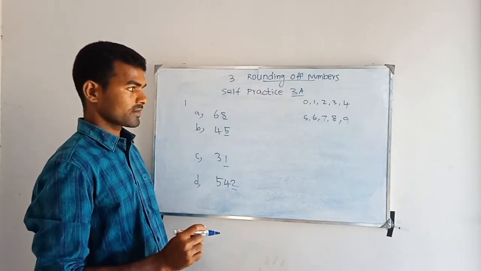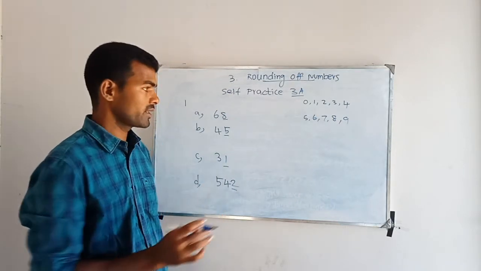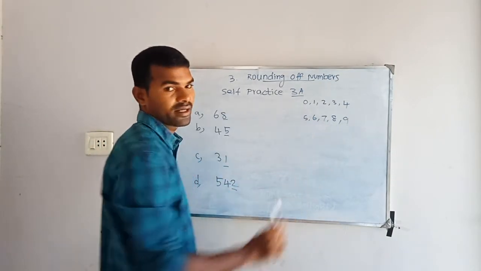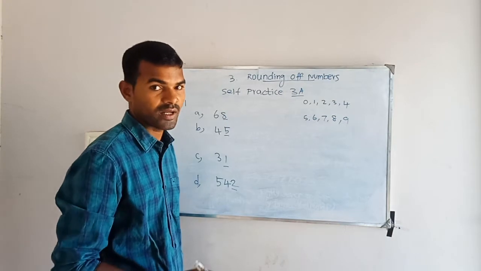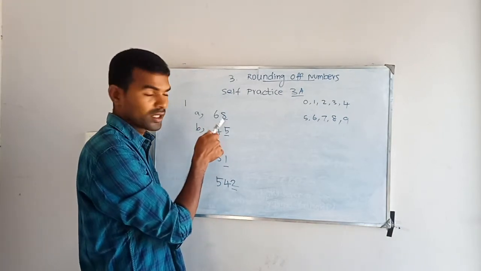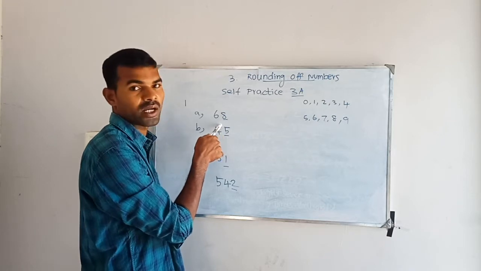See here, if the ones place is 5, 6, 7, 8, 9, any digit coming. Here 8 is coming.